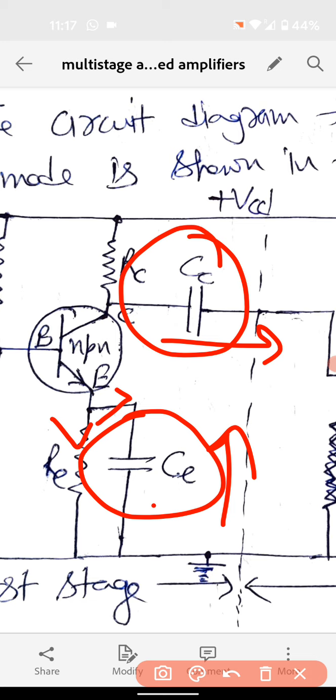So here again there will be a voltage drop, and due to that the overall gain will decrease at this low frequency. That is the reason why, in general, we have low voltage gain at low frequency.